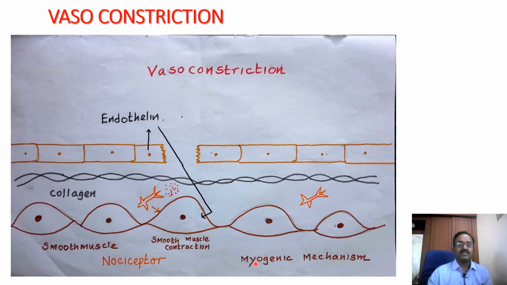Another mechanism is the myogenic mechanism. Direct injury or stretching of the smooth muscles produces contraction, stretch induced contraction, which is called the myogenic mechanism. This also produces vasoconstriction. So endothelium, nociceptor and myogenic mechanism, these three things are involved in vasoconstriction.